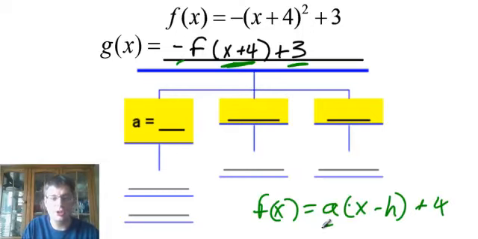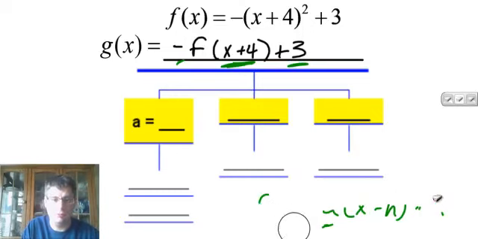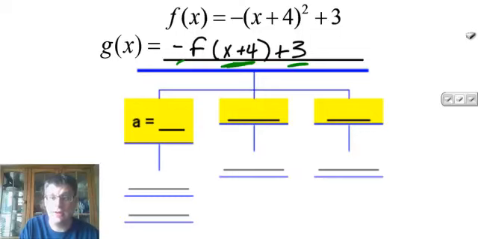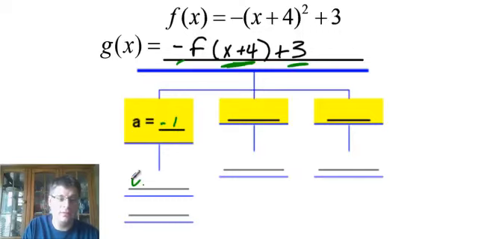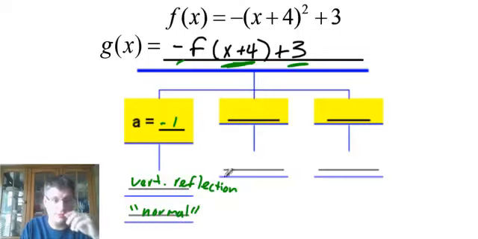So we're just rewriting it in this very simplified fashion when we write it in terms of f of x. So our a value in this case is negative 1, so that means it's a vertical reflection. And other than that, it's going to be normal. It's not going to be vertically compressed or shrunk or vertically stretched.